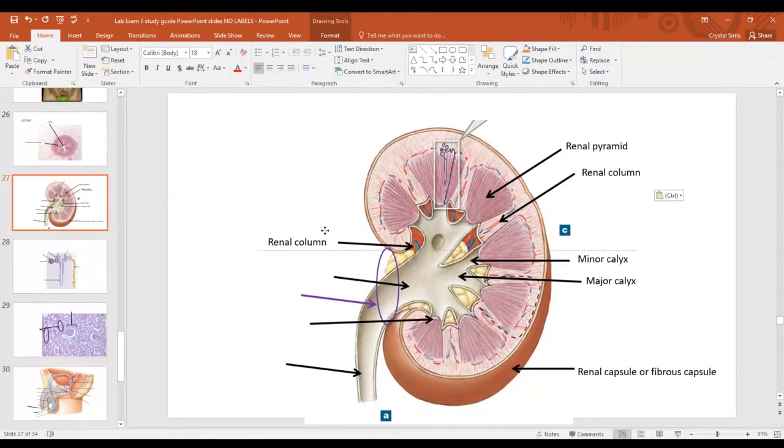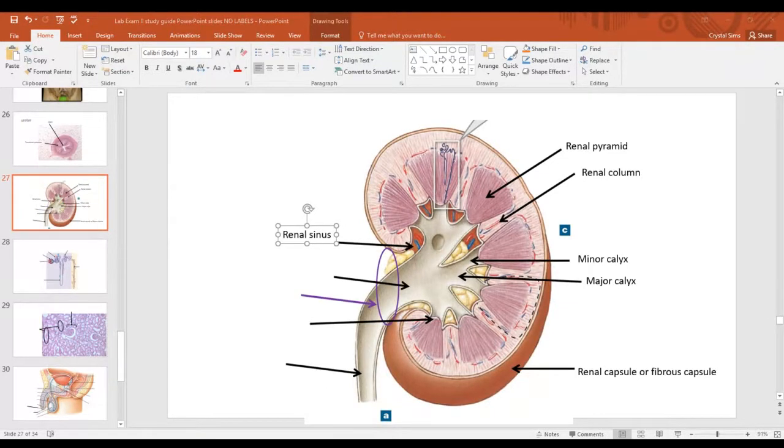Yes. So I've got renal pyramid as my first one. And then I come down, and the areas of tissue that are in between my renal pyramids are referred to as the renal columns.